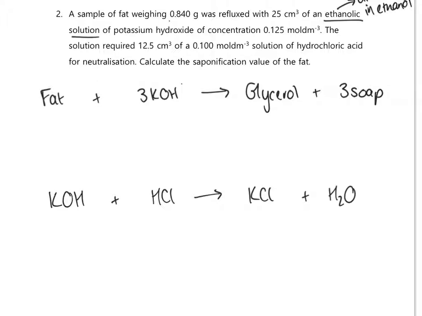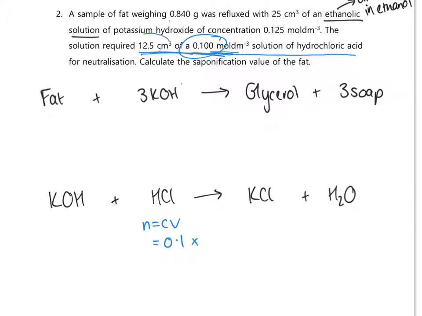The question tells me the solution required this much hydrochloric acid, so I'm almost going to the end of the question to get what I need for my first part of the calculation. I need to work out how many moles I have of this. Do that by doing N equals CV. My concentration of hydrochloric acid is 0.1.